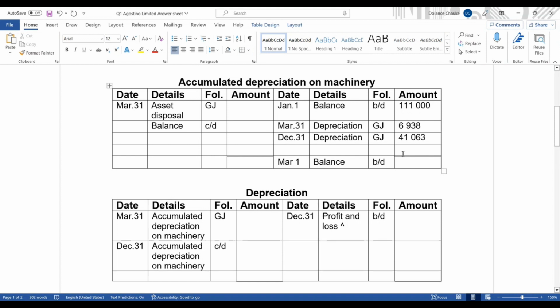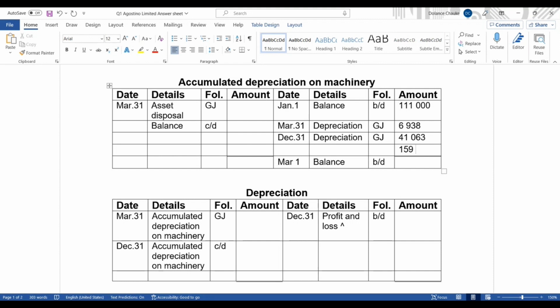How much is the total? I get the total of 159,900... again, another 9.